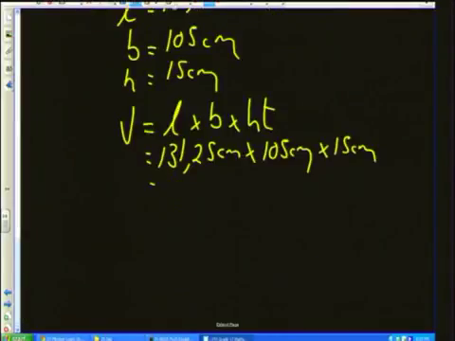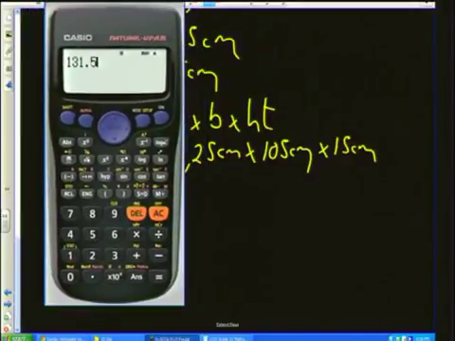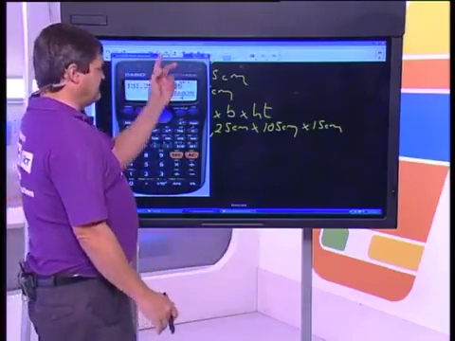Now, folks, when we do that on the calculator, it's straightforward. I've got 131.25. Let's check. Yeah, there it is. 0.25 multiplied by 105 multiplied by 15 equals, and I get this huge, weird, and wonderful fraction. 826.875 over 4.